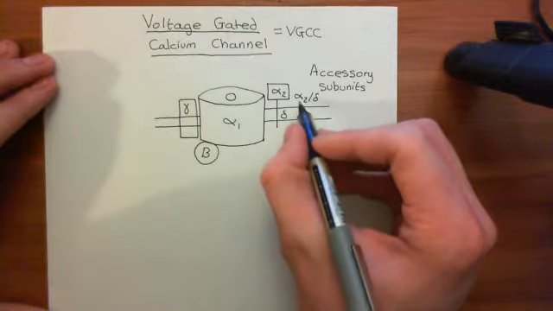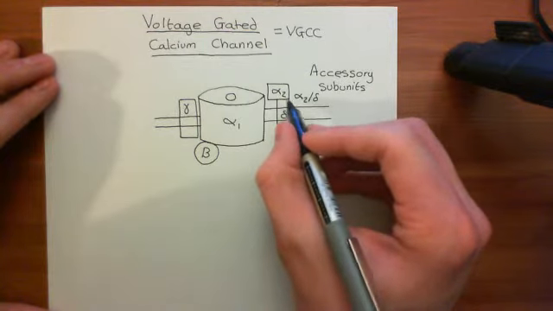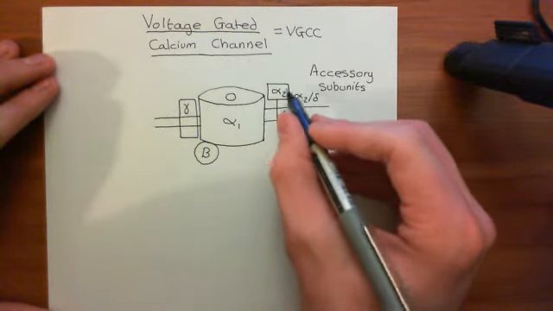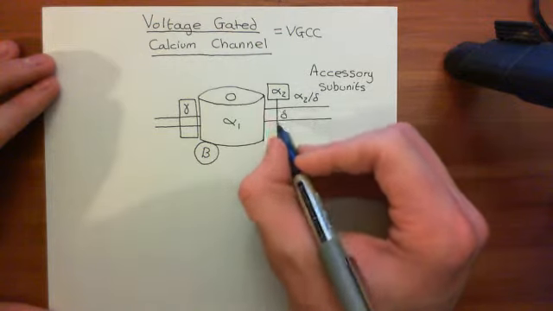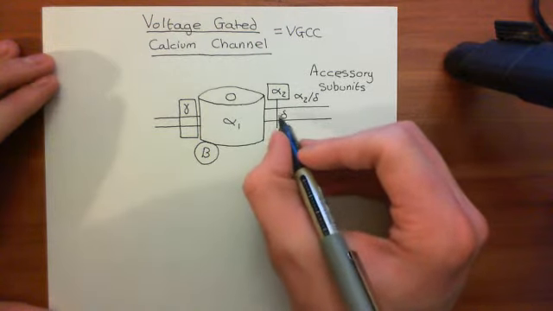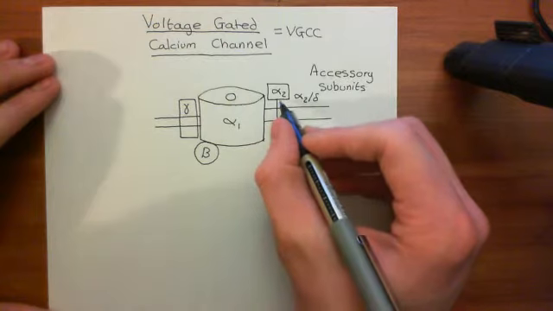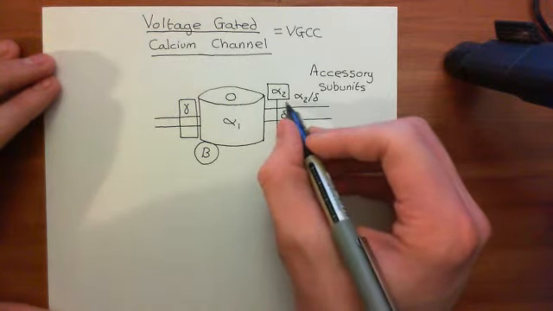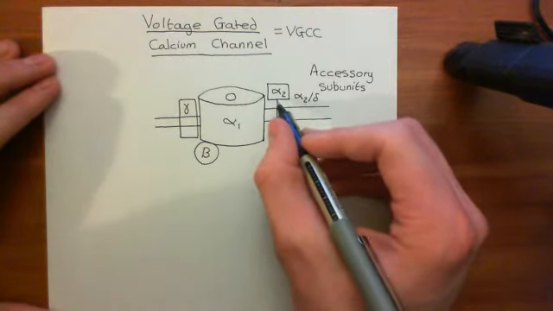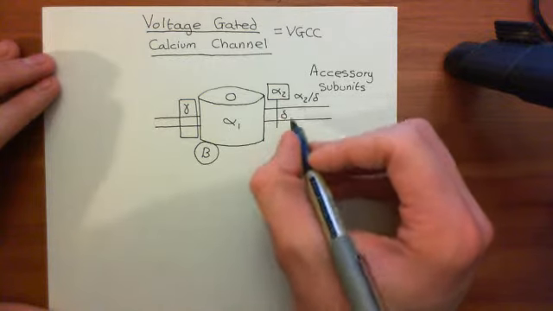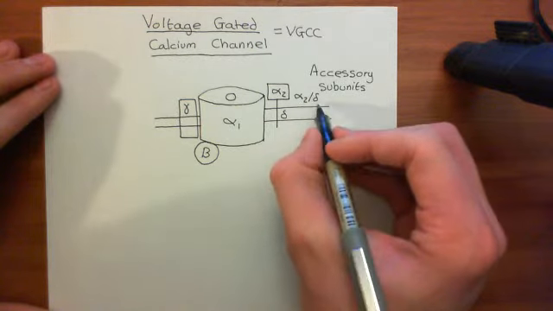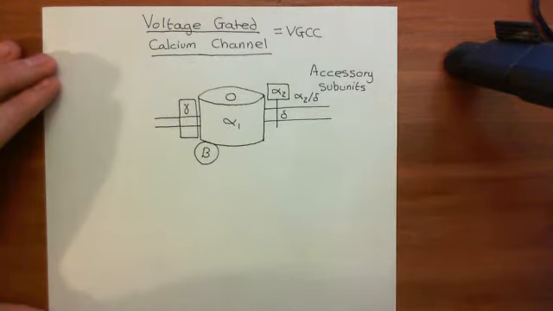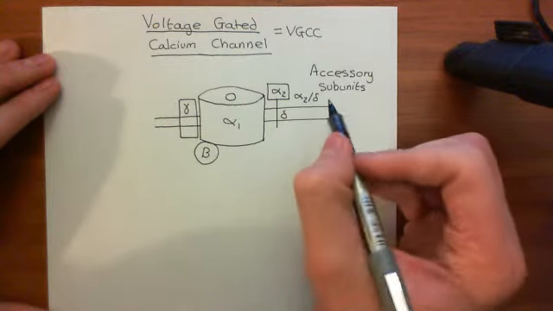That polypeptide is cleaved into two portions: the portion which will make the alpha-2 subunit and the portion which will make the delta portion. They then join back together in a different way, not by peptide links but by disulfide links, and that produces the alpha-2 delta subunit. That's why the alpha-2 portion and the delta portion are considered one subunit.